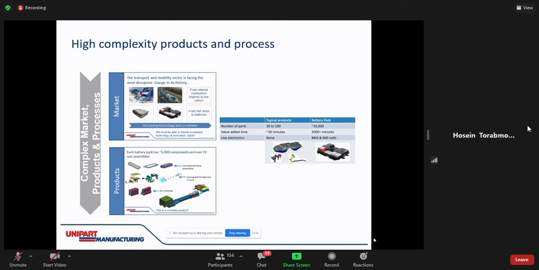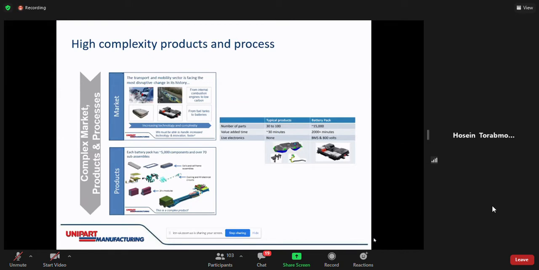So what that meant for us is the market is changing. The product is getting more complex. If I just talk about the fuel tank, we have 30 to 100 parts in the bill of materials, and we didn't have any live electronics, and it was simple. We used to manufacture that part for over 30 years, and we knew how to do it.